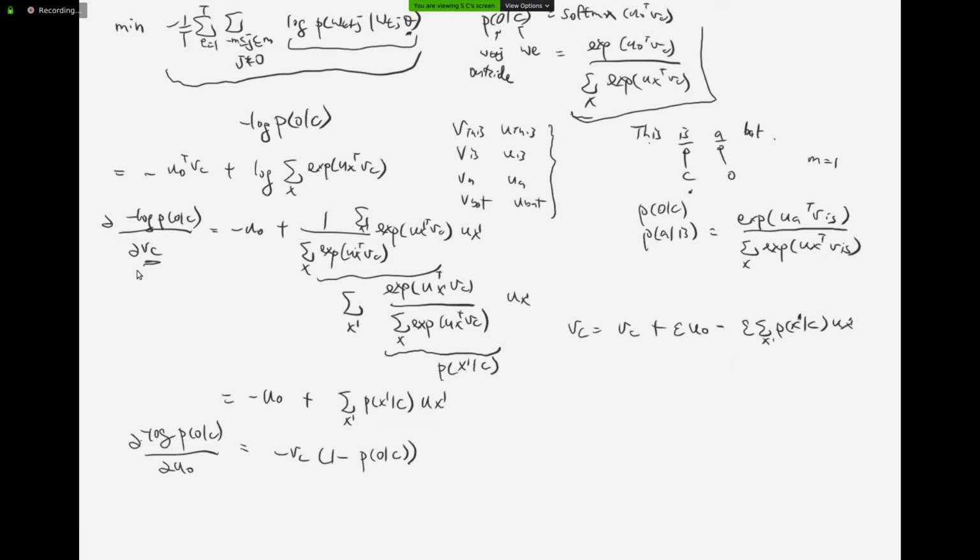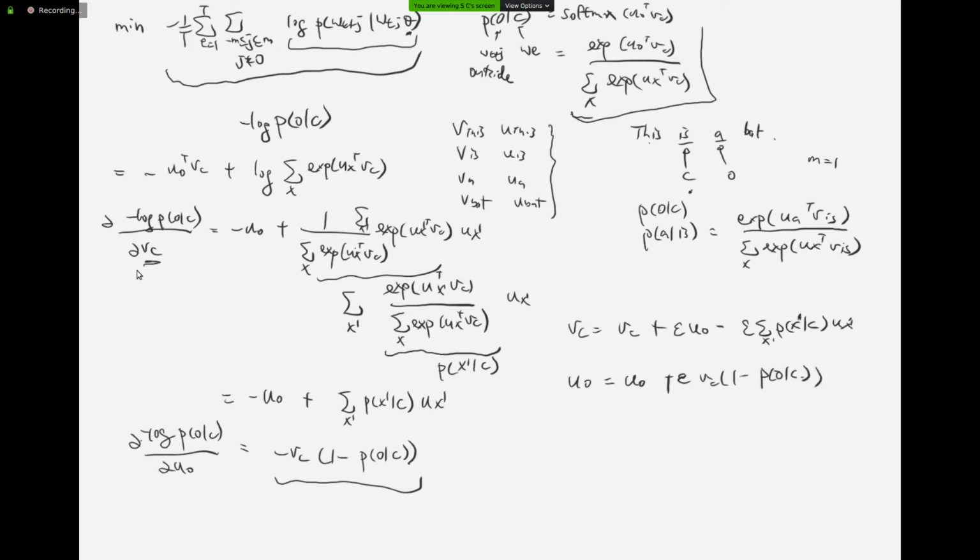If I also try to update UO, then UO is equal to UO minus epsilon times the partial derivative of this guy. And because of minus and minus, I have a plus here instead: plus VC times 1 minus P of O given C.